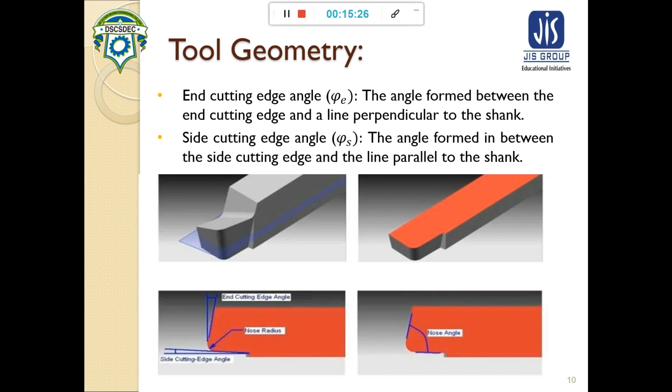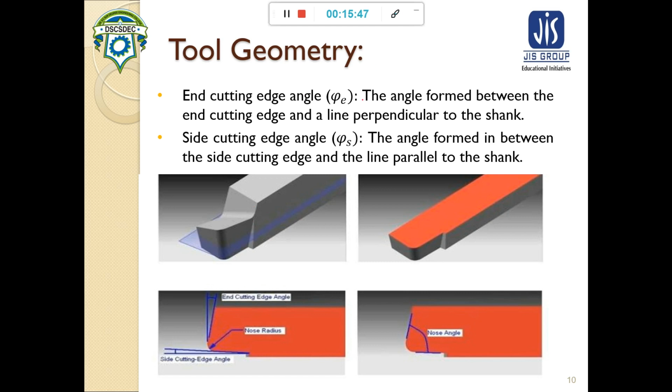Now we will see the definitions of those angles, and the views by which we can see them. From the top view, if we insert a plate here, we can see the side cutting edge angle and end cutting edge angle.